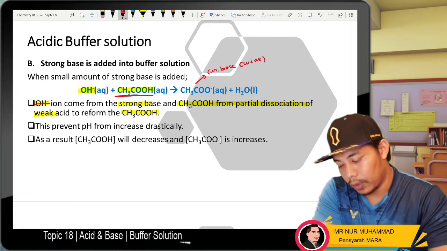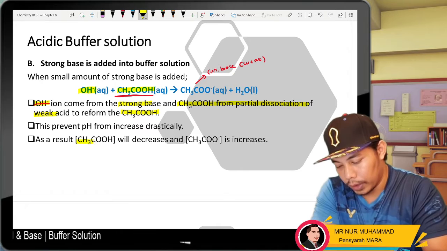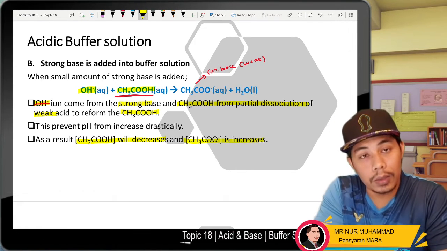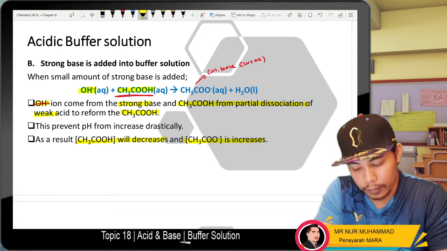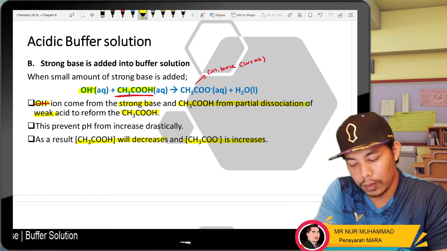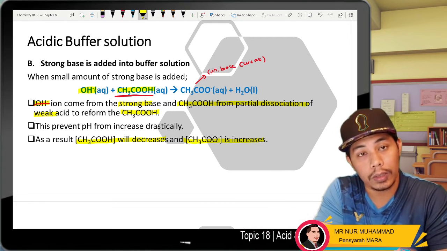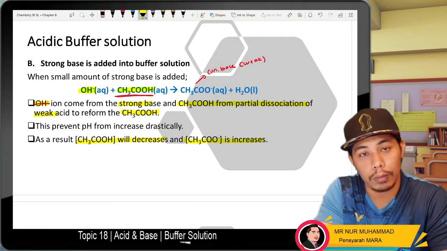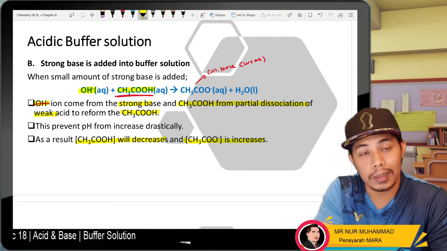As a result, the concentration of ethanoic acid decreases, but the concentration of ethanoate ion increases. However, the increasing concentration of ethanoate ion does not affect the change of pH. So this is how an acidic buffer solution can resist the change of pH.